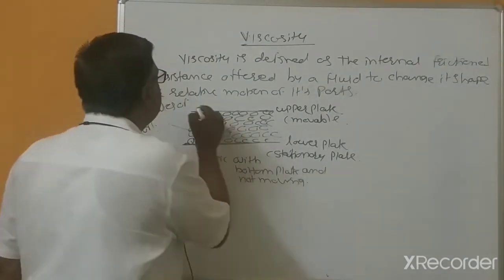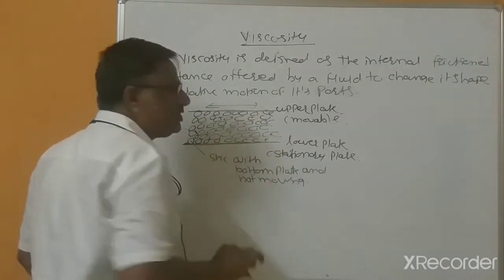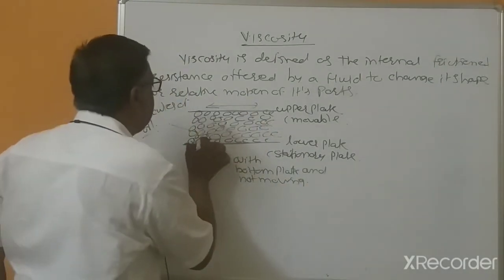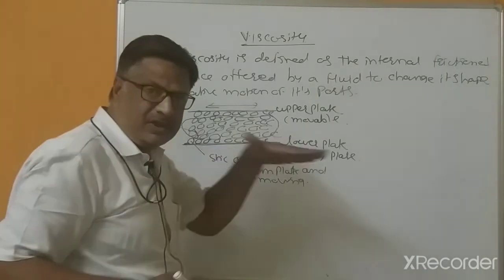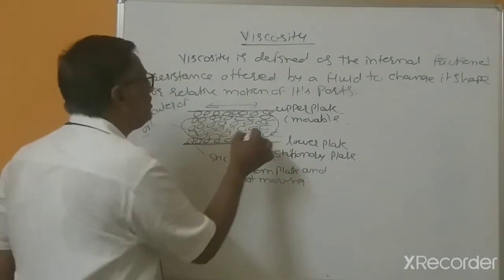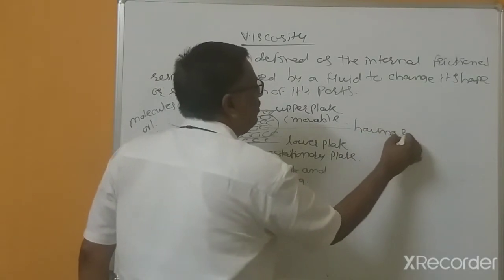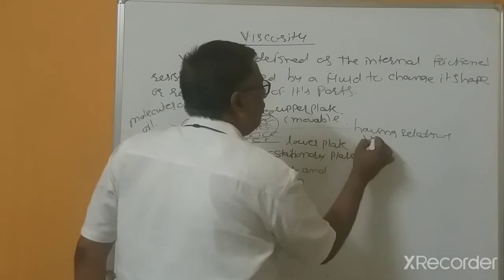On the upper plate also they stick, and this plate is reciprocating. So it has a velocity, and these intermolecular layers also have velocity, a relative velocity.